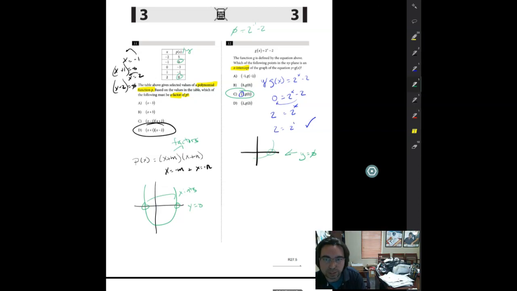So that's 1/2 minus 2, which again is not equal to 0. If I put 0 up top, 2 to the 0 minus 2, again that is not equivalent to 0, because 2 to the 0 is just 1. Anything to the 0 power is 1. And again, that is not an agreement there. And the same thing, 2 squared wouldn't give me that either. So C is the answer choice we're looking for on this one.